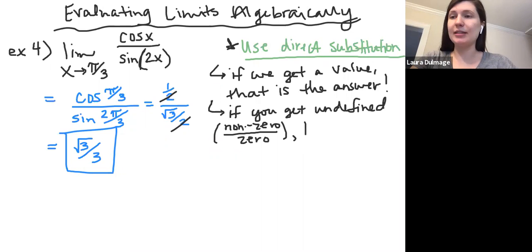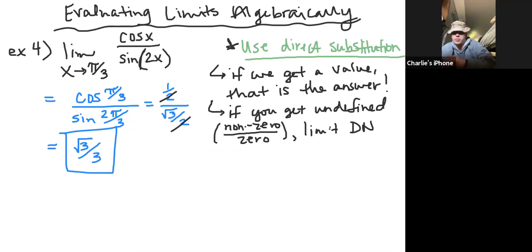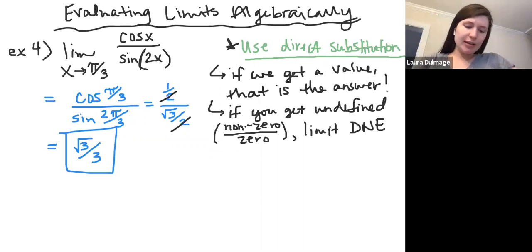That means the limit does not exist. I don't think I have an example of that kind, and that one's not going to be on your assignment. But we'll get into factoring here next, actually.